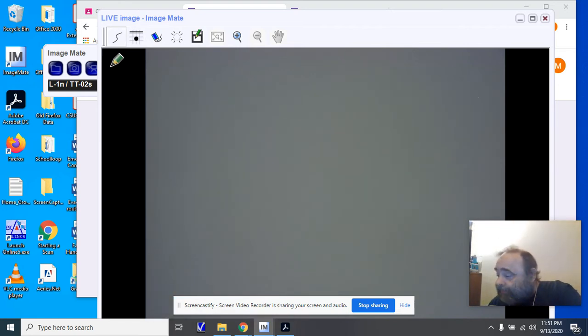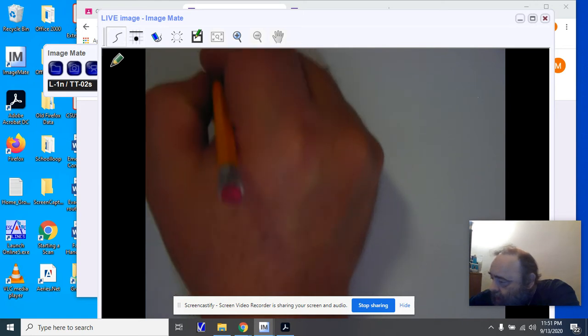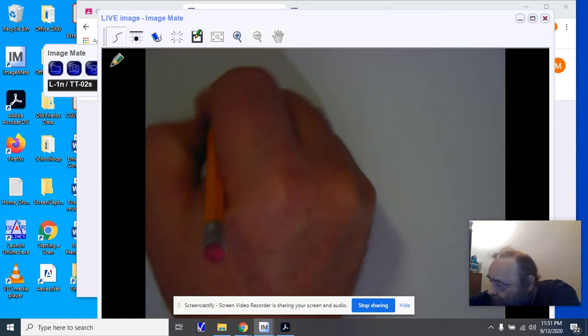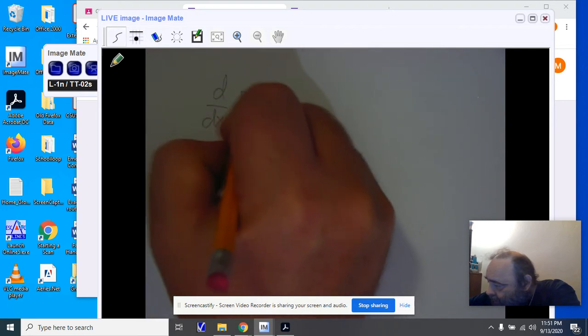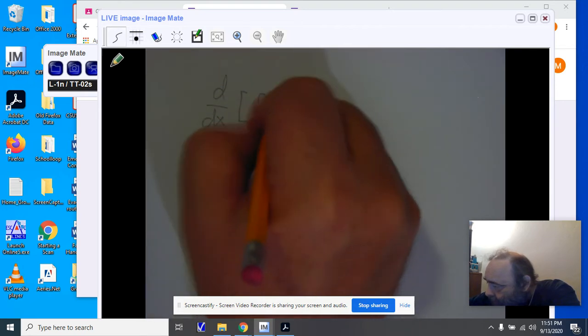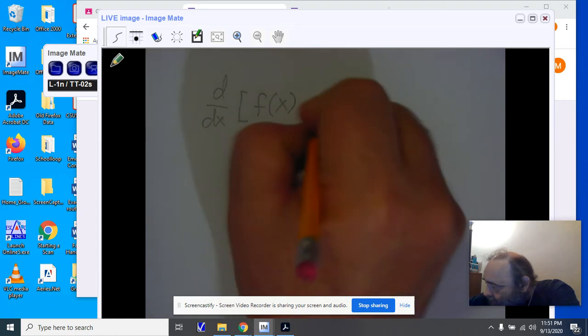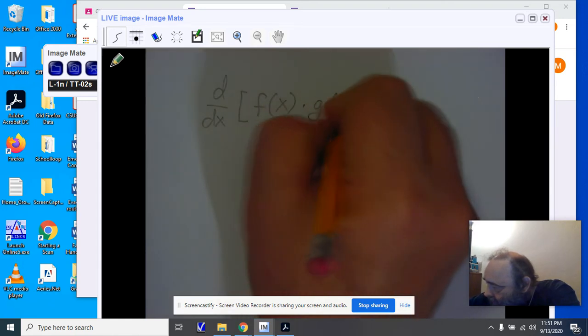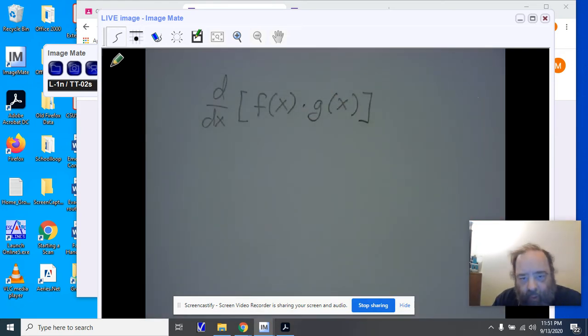For example, if I am trying to work with the product rule, we started talking about the product rule. And the product rule requires us to do each piece one at a time.